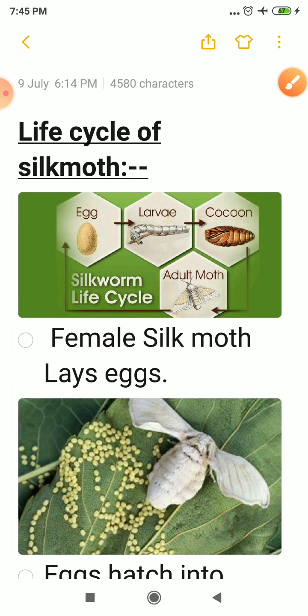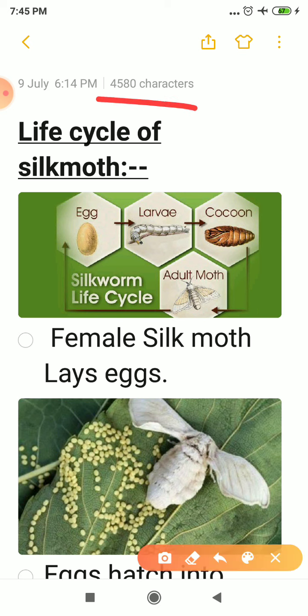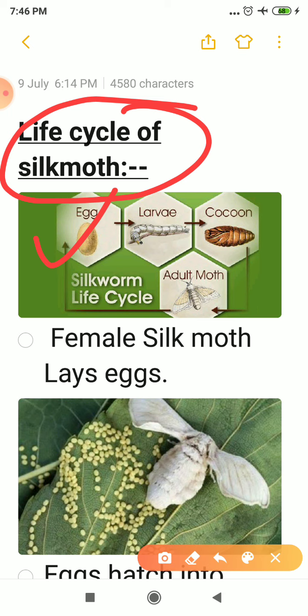How is silk obtained? For that, we have to learn about the life cycle of the silk moth. A silk moth's life has 4 stages. In the first stage, the silk moth lays eggs.